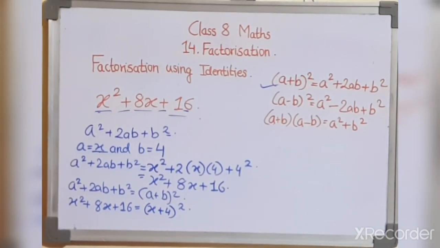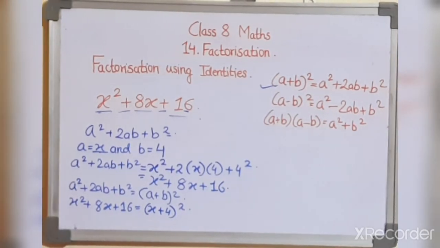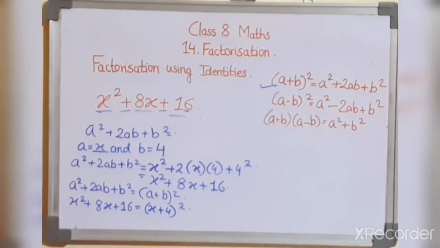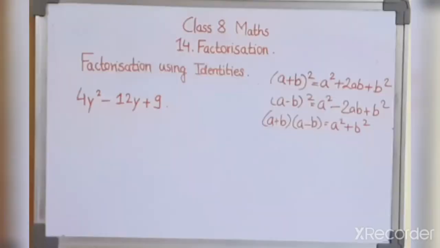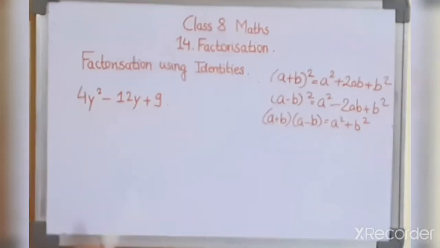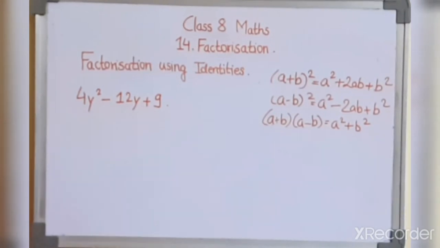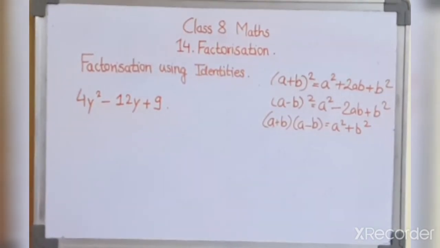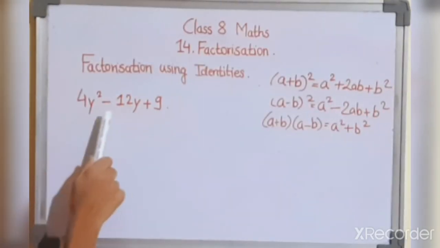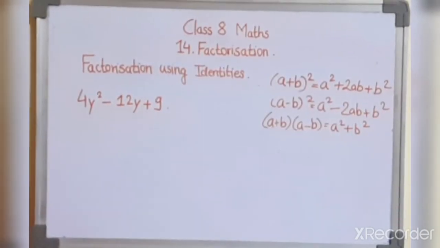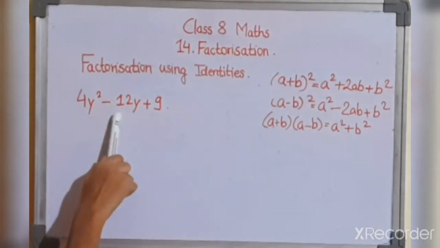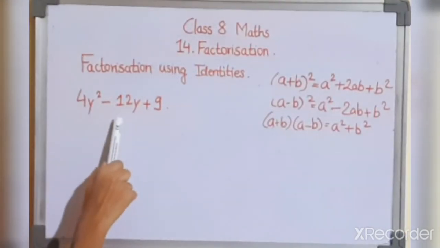So we will see another example in which we factorize using the other identities. Now we will factorize 4y square minus 12y plus 9 using these identities. Here we observe that there are 3 terms in this expression and the middle term has a negative sign before it.